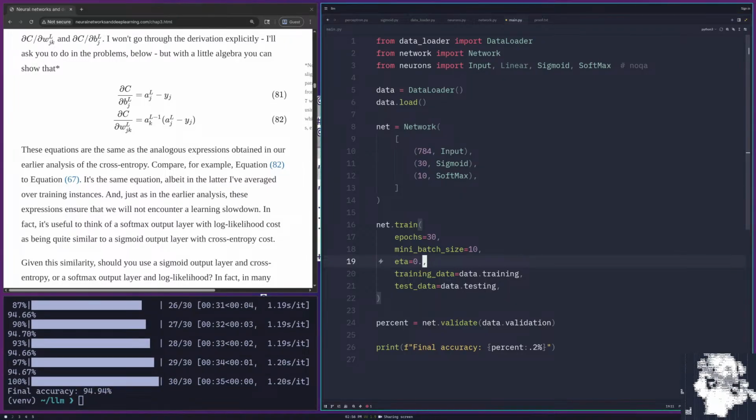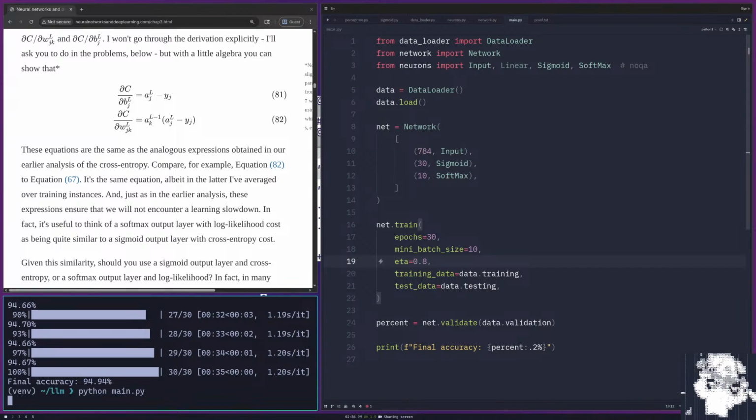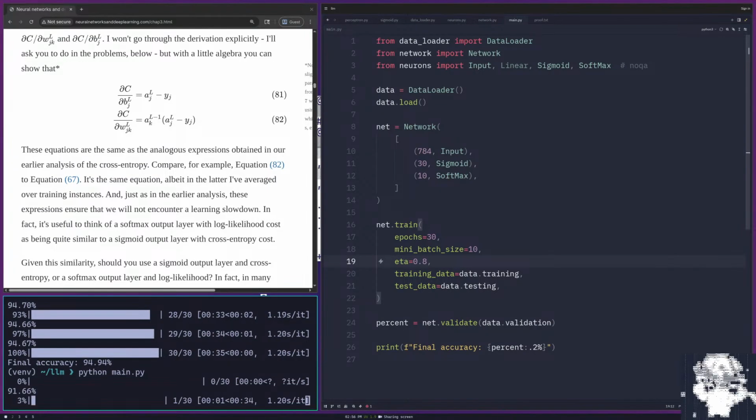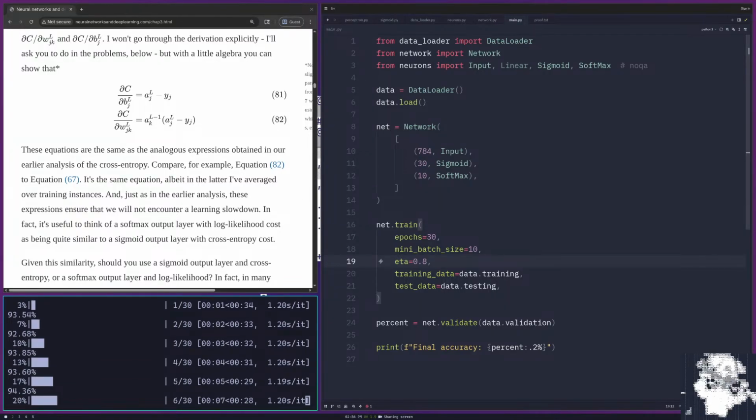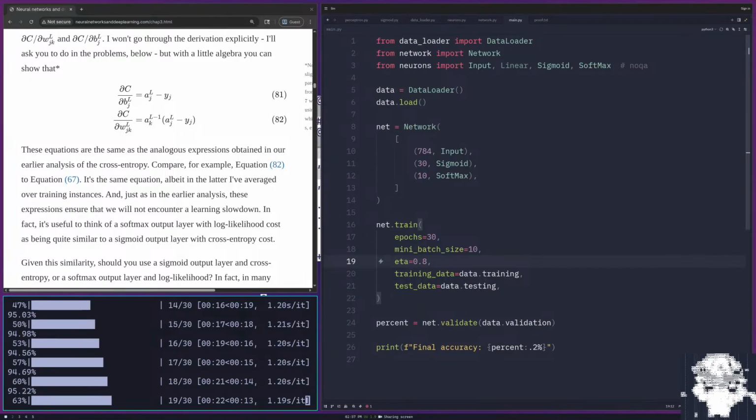Maybe it needs to be a little higher than that. This is pretty good, though now it's starting to go down. Yeah, that's quite good.